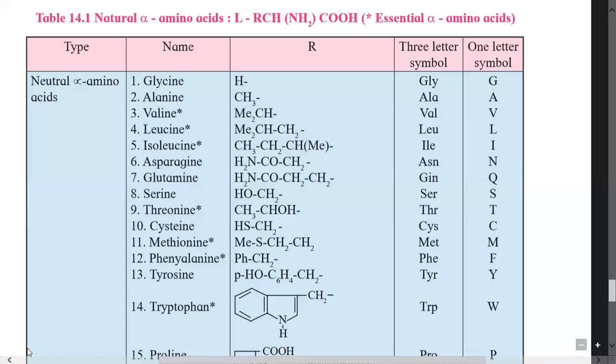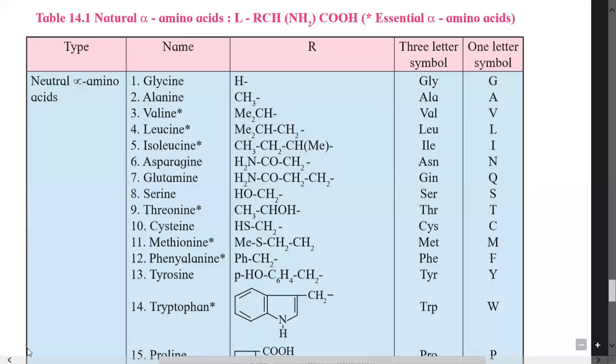The fifth example is isoleucine. It is again an essential amino acid. The R group in isoleucine is CH3CH2CH(Me), where Me means the CH3 group. The 3-letter symbol is ILE.